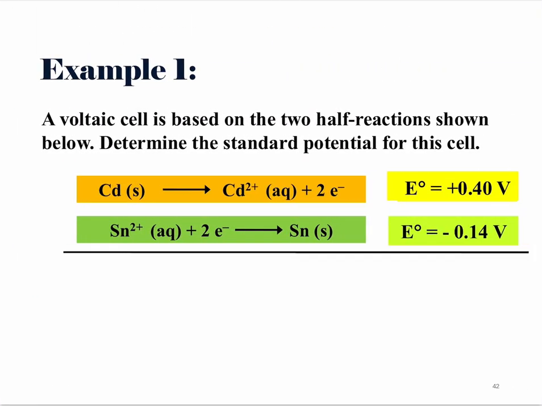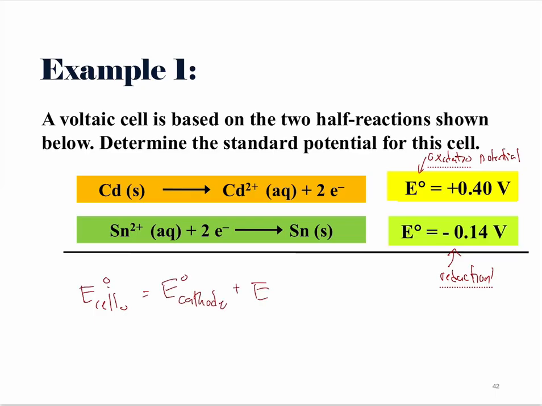So here's an example. This one is an oxidation potential, so we have a mixed oxidation potential. This is a reduction potential. To calculate the standard potential for this cell, we have the cathode plus the potential of the anode.